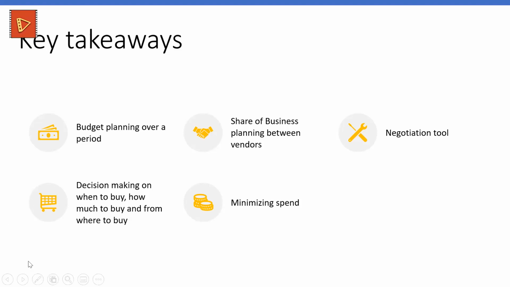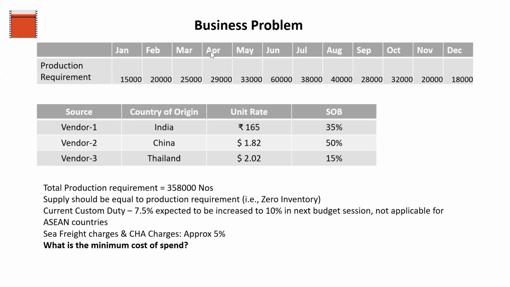We are going to explain this using a business problem. A company has production requirements over a period of 1 year. So every month it has some requirement of around 15,000 to 20,000 of a particular component or a commodity, whatever you want to say.